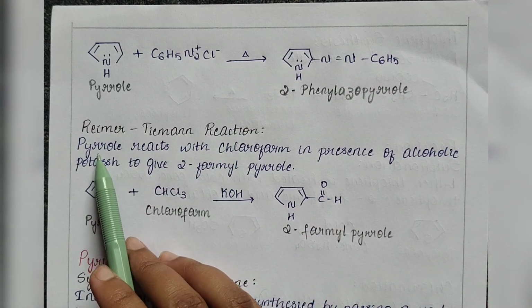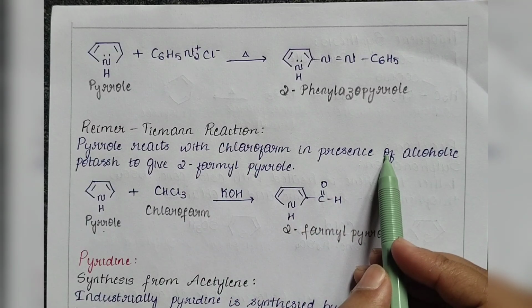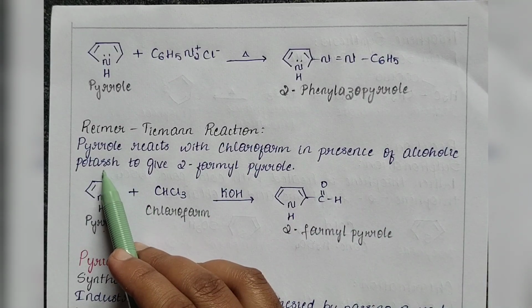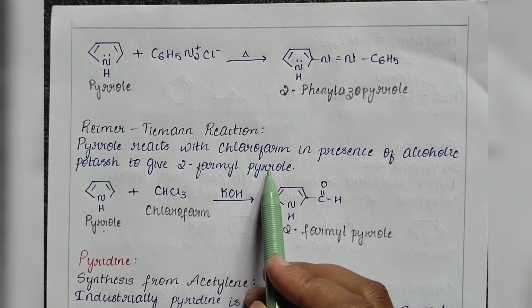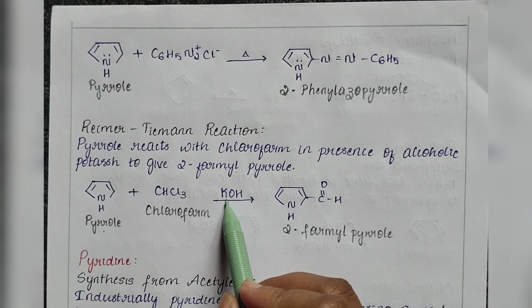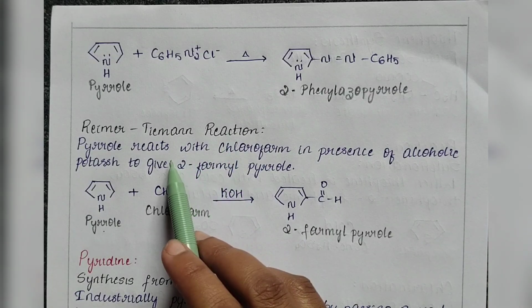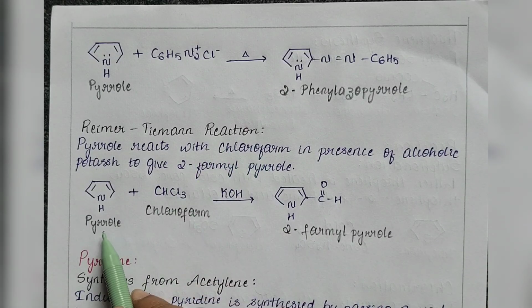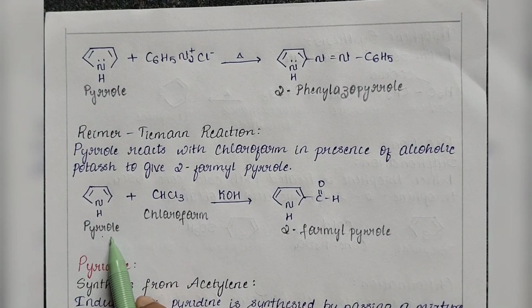Pyrrole reacts with chloroform in presence of alcoholic potash to give 2-formylpyrrole. So here alcoholic potash is nothing but potassium hydroxide, which is KOH. So from the explanation in words, we can draw the reaction as follows.